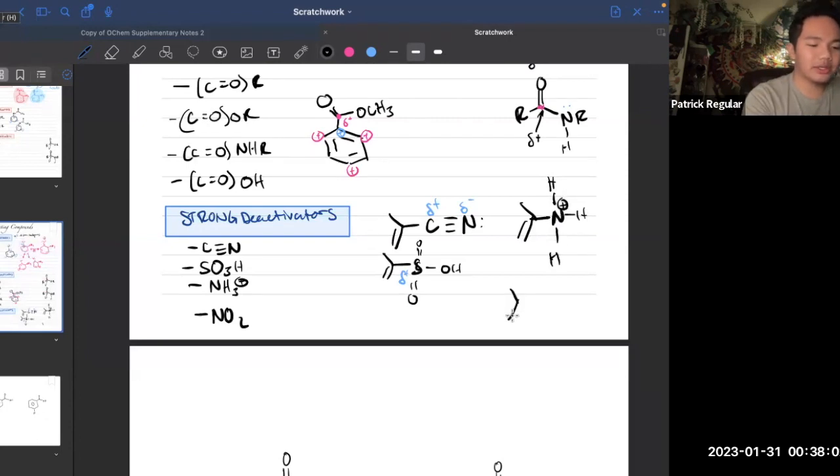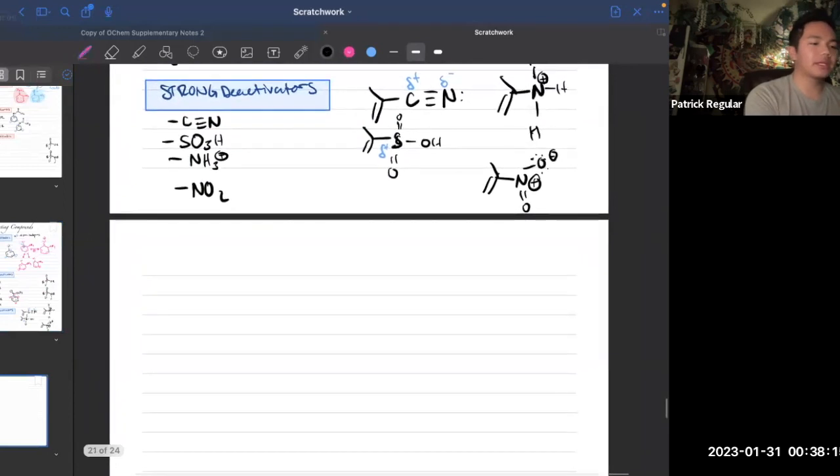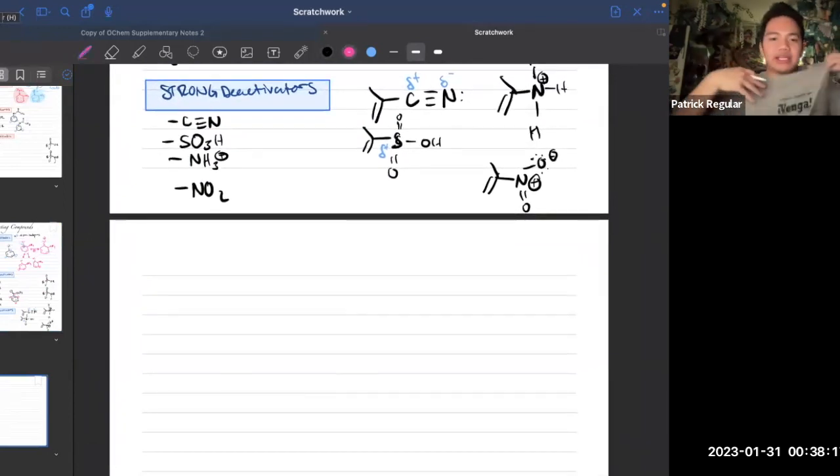Positive charge. And for nitro group, positive charge. Looks like that. Here, let's redraw it. So just to re-emphasize, our deactivators, aside from our halogens, they want meta because they don't want to be near that positive charge.